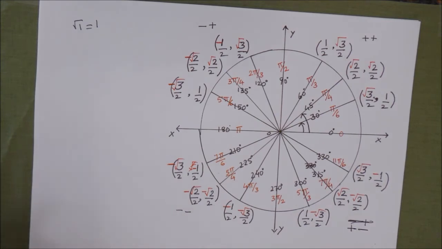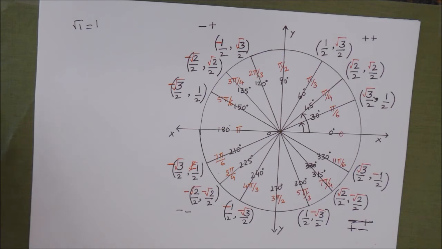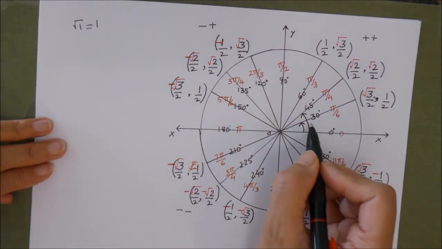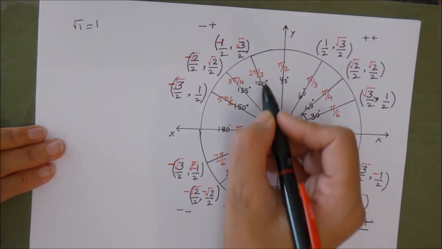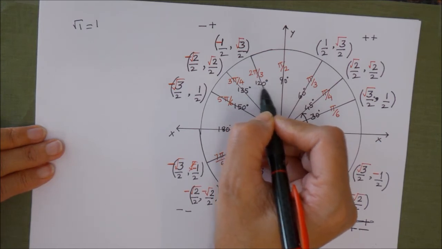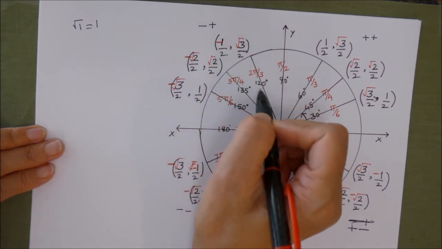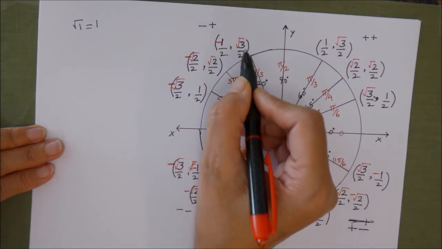Now after writing this, how do we use it? If you want to find, for this angle 120 degree, the cosine of 120, always the x part represents the cosine value and the y part represents the sine value.